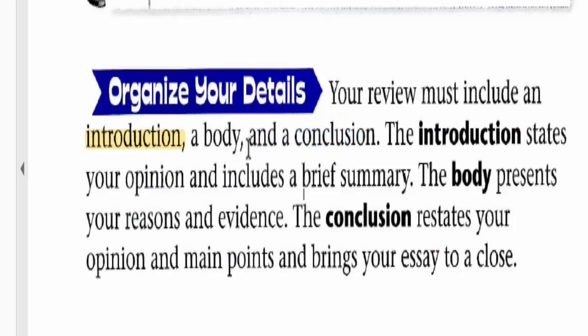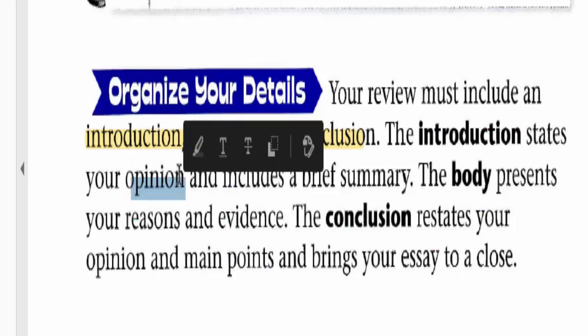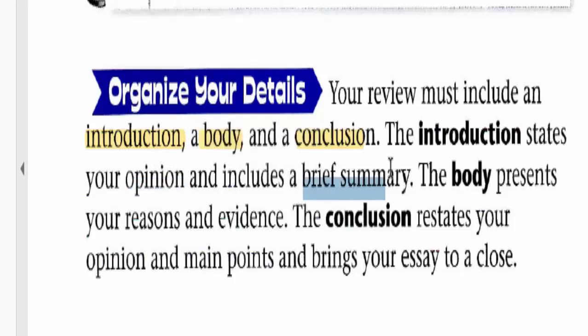What should I write in the introduction? 2 things: opinion, which is in the thesis statement, and a brief summary of the movie. Brief, 3 lines, summarizing the incidents from A to Z, from the beginning to the end of the story.